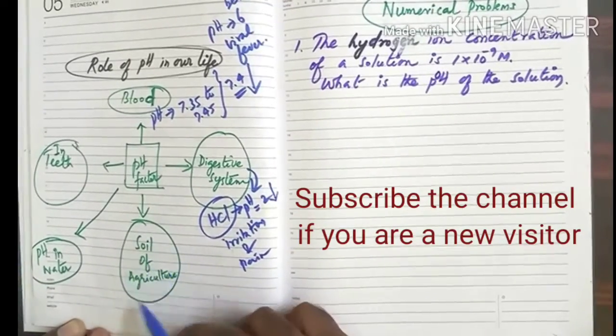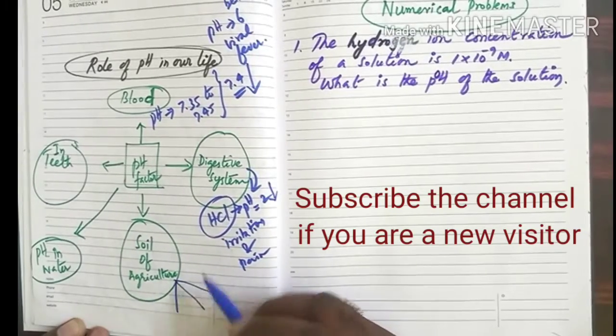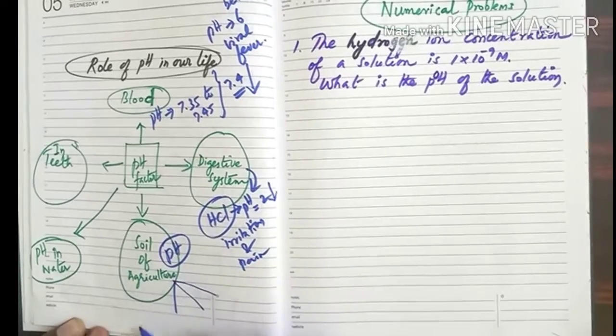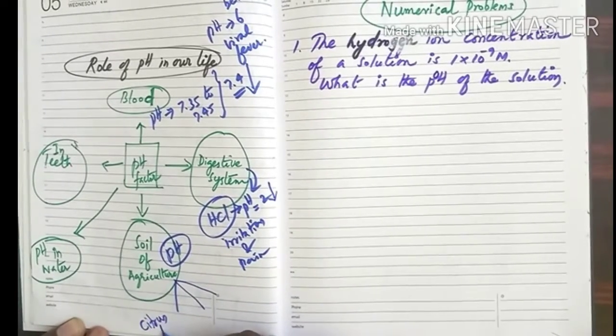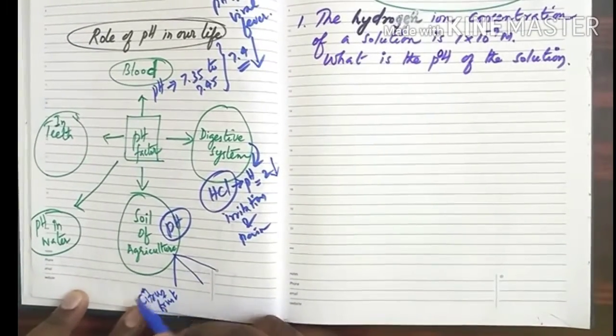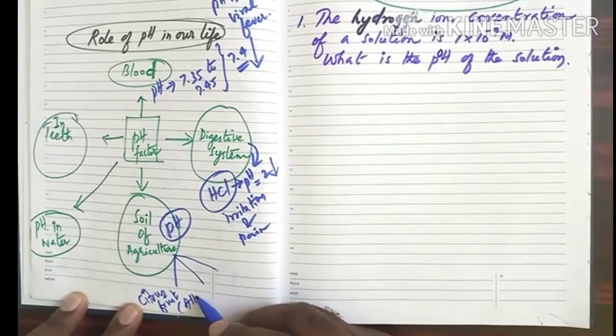Not only that, soil in agriculture, this is very important. Even pH value is useful in soil. For example, citrus fruits like lemon and orange need alkaline soil.